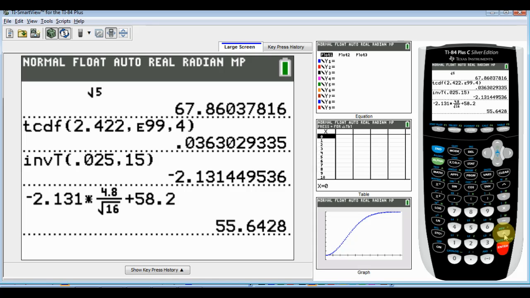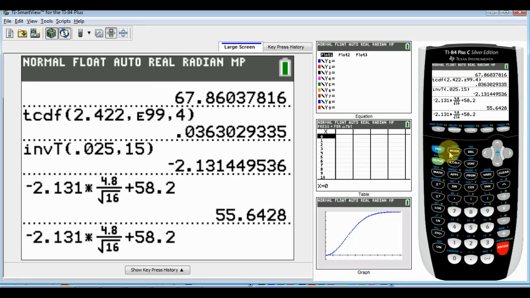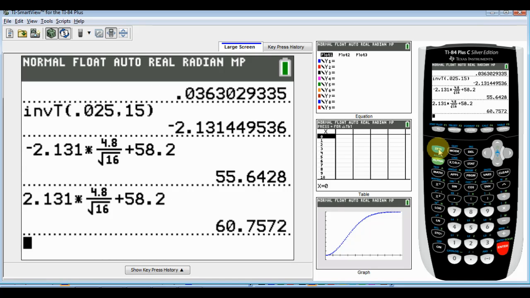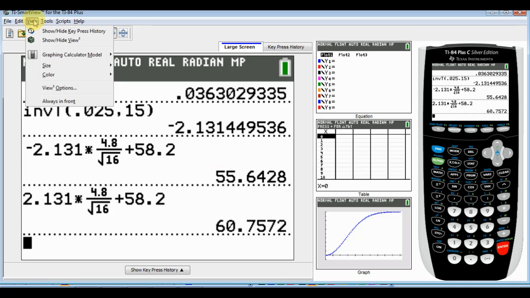That gives me 55 and 60.76. That's x bar 1, x bar 2.